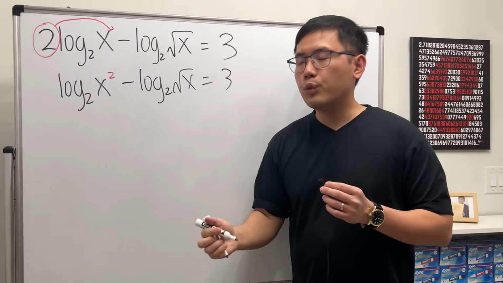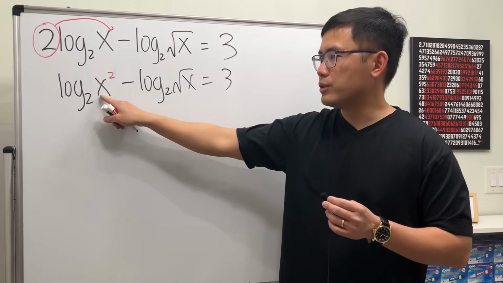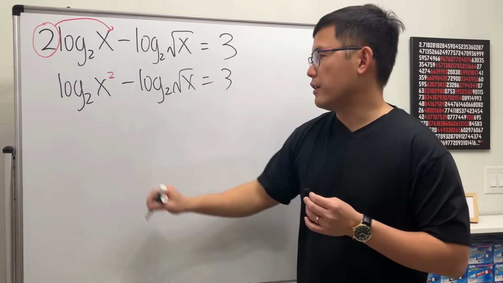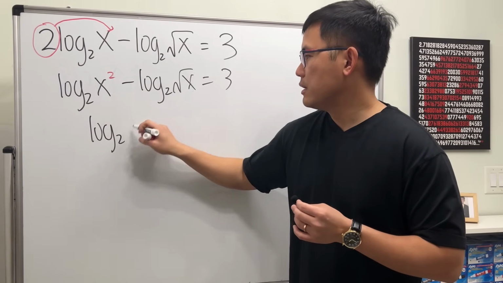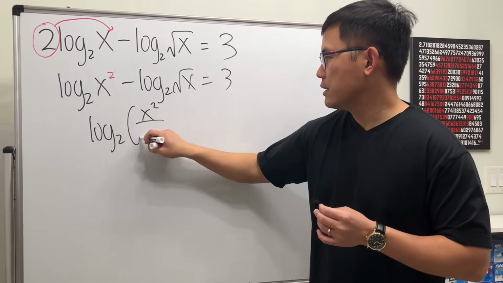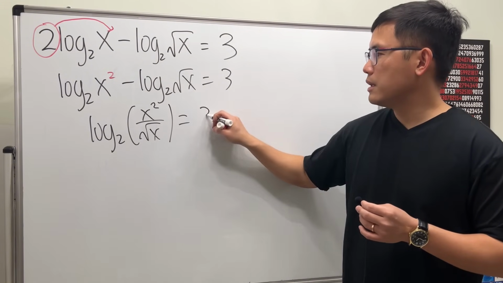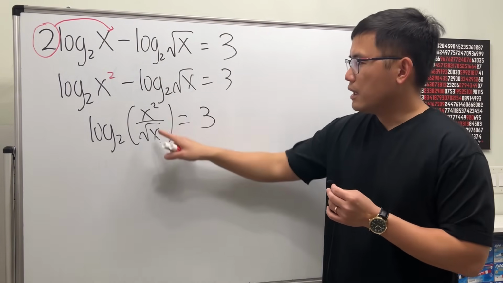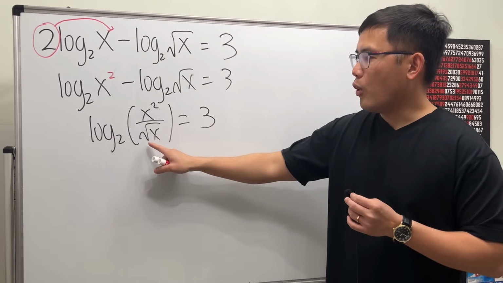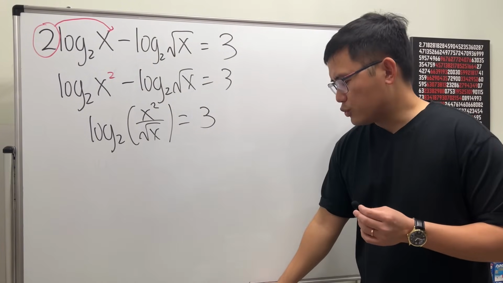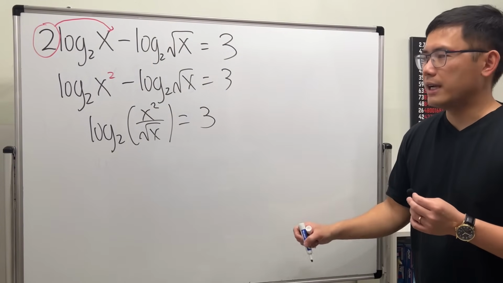And then after that, we can combine this and that, and we just do this divided by that inside of the log. Then, let's see. We have x to the second power over square root of x. Let's just reduce that, and I'll do that on the side for you guys.